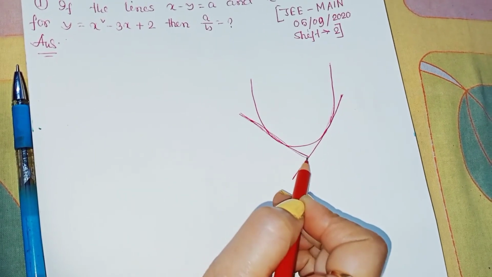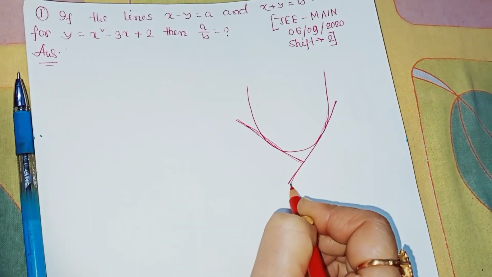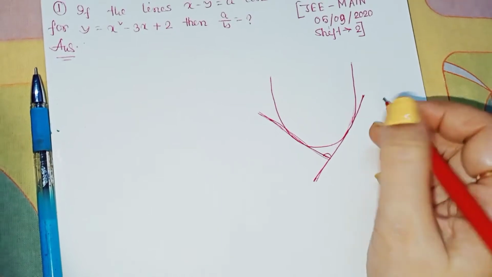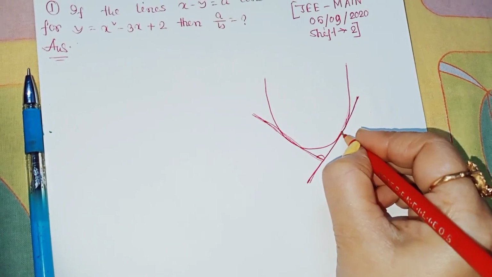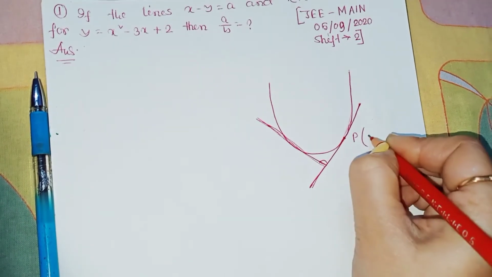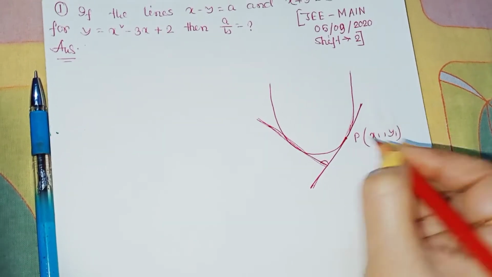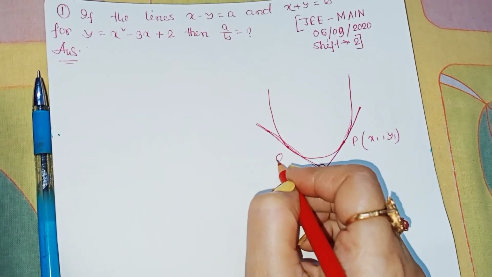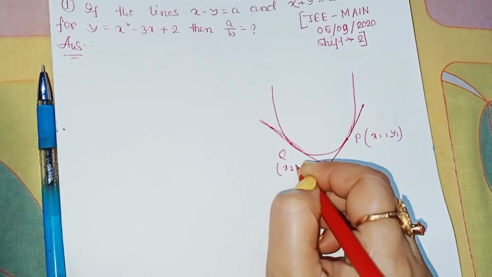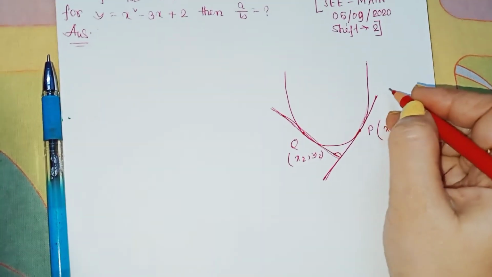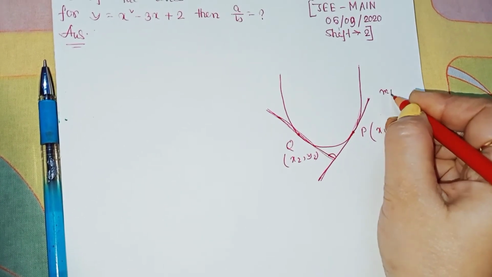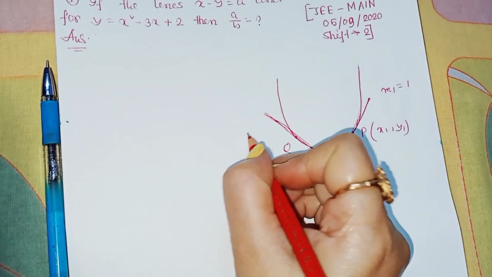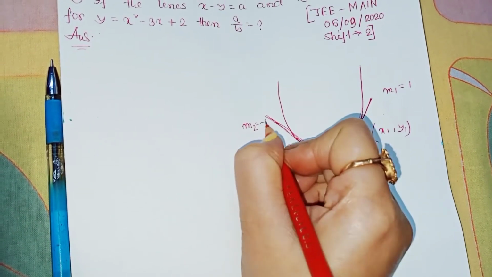It is perpendicular to this first tangent, and it's 90 degrees. Obviously, the touching point P is x1 comma y1, and here is another tangent which touches the parabola at Q, x2 comma y2. Slope of this tangent is m1, that is equal to 1, and another slope is m2, that is equal to minus 1.